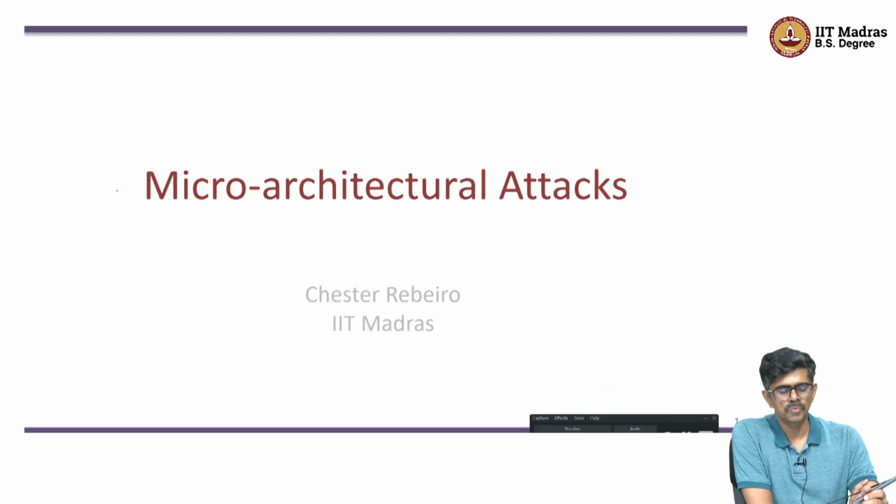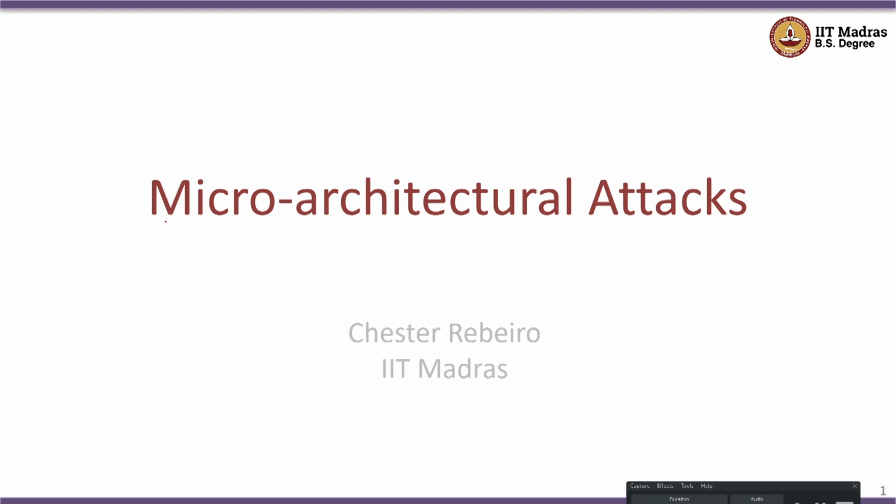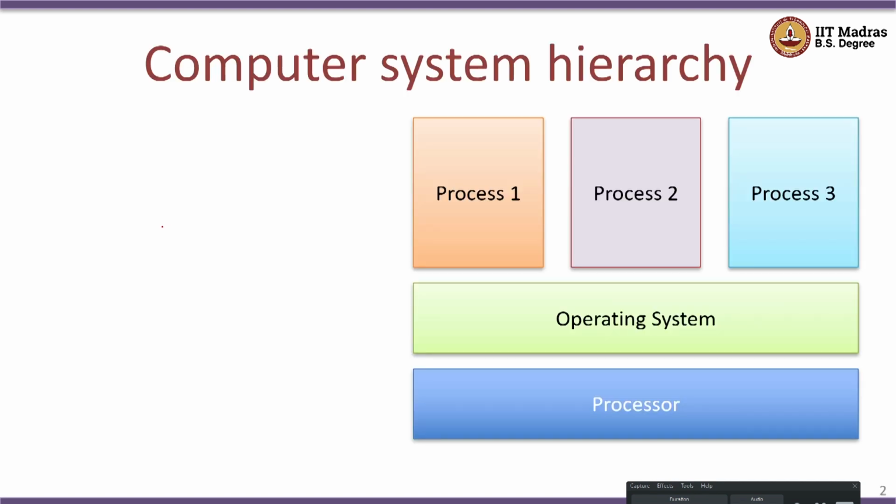It was discovered over 23 years ago, sometime around the late 1990s, but a lot of work came into prominence in 2018 and post 2018 when attacks such as Meltdown and Spectre were essentially discovered.